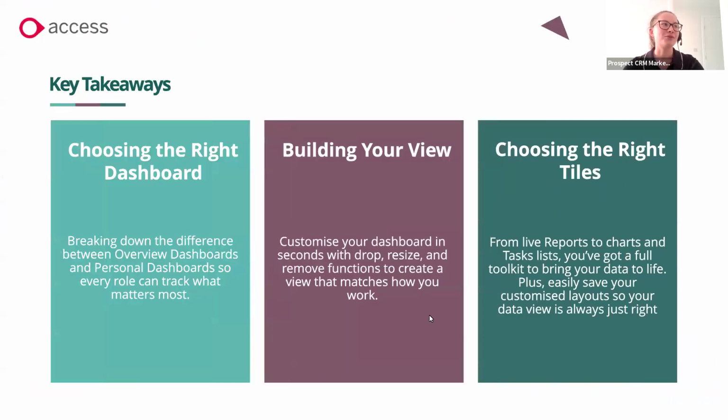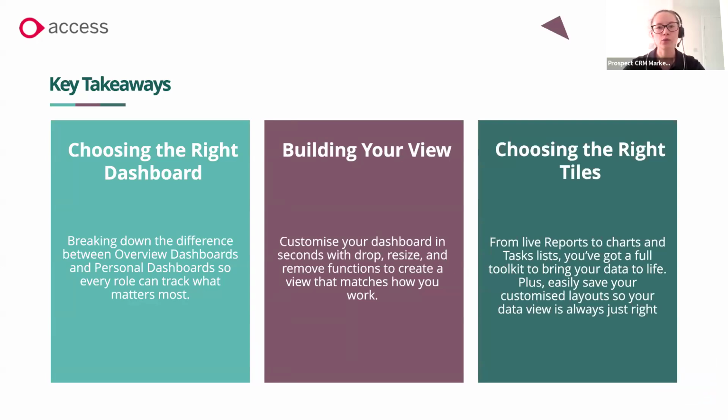So the key takeaways for today, as I've already mentioned, are explaining how you choose the right dashboard, what data you'd want to put on which dashboard, and how you can then actually build your dashboard, so how you can add KPIs, how you can add tiles, choosing the right tiles as well, which is really important.